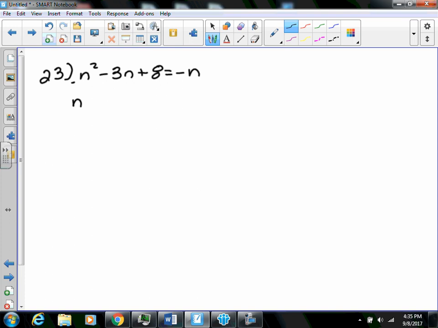So I have n squared minus 2n plus 8 is equal to 0. Now that it's in standard form, if you look at the notes on your packet that I gave you the other day, it tells you to move the loose term to the other side. So you're moving your constant to the other side of the equation. So you're going to end up subtracting 8. So n squared minus 2n equals negative 8.